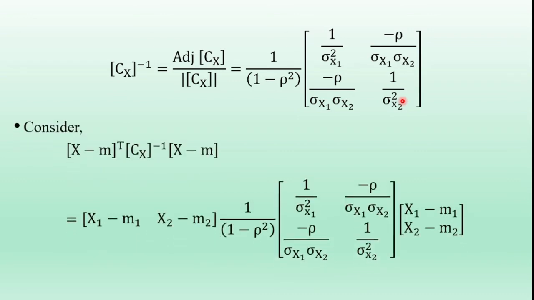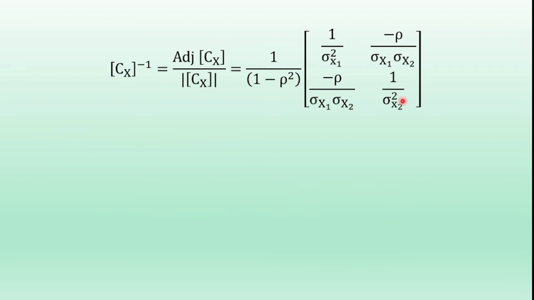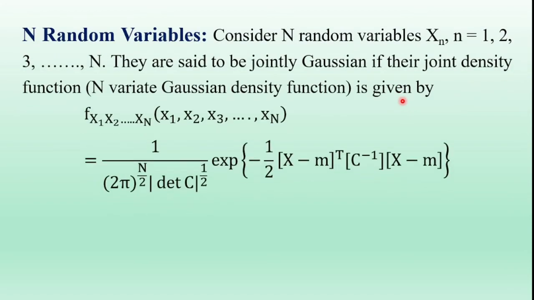So now take x minus m transpose into Cx inverse into x minus m. What is that one? And what is the definition of the n random variables joint density function? And this is the definition of the n random variables probability density function. Now consider x minus m transpose into C inverse into x minus m. First calculate this term and substitute it into the two random variables joint probability density function expression.